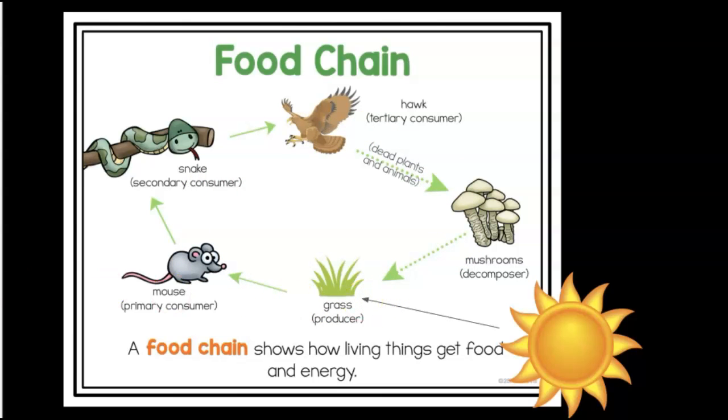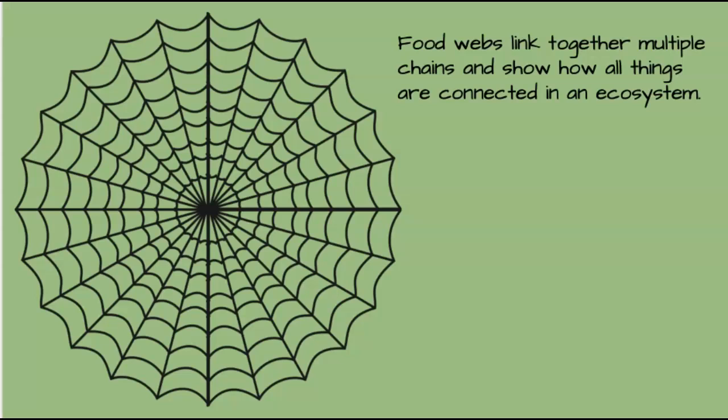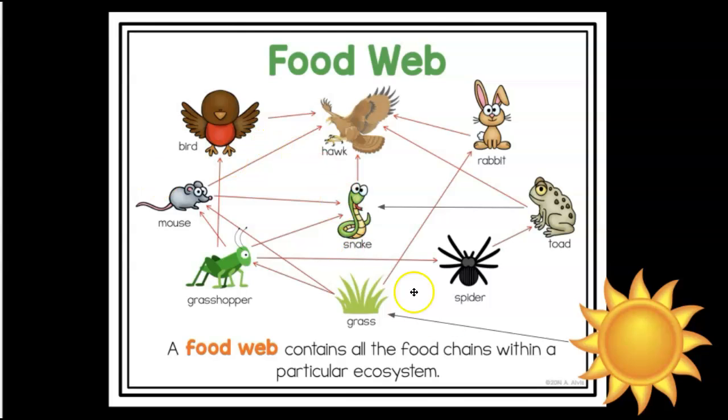Okay. Looking at the next one. So a food web is a linking together of many different food chains. And this is what you'll see in a nice balanced ecosystem. So all those linked together will form a web looking type of a thing like this. Okay. Again, starting with the sun. The sun gives its energy off to the grasses, or the plants, the producers, and you can notice the difference here.